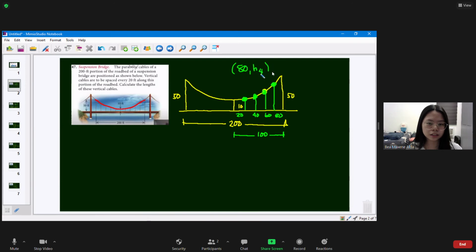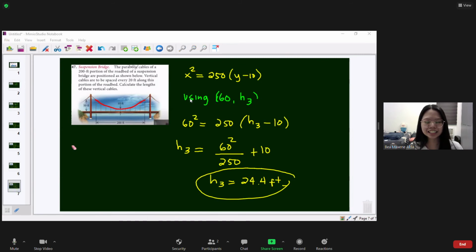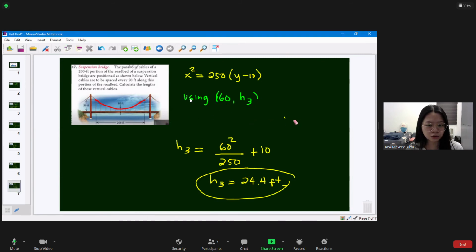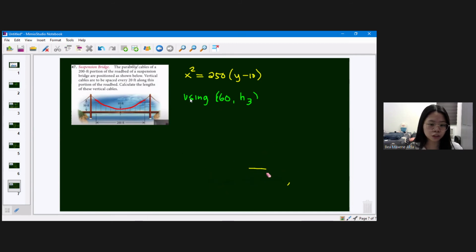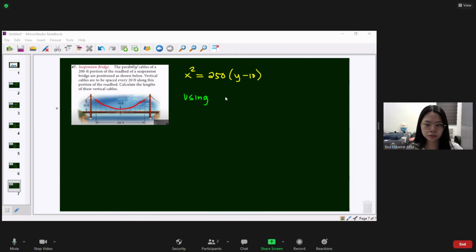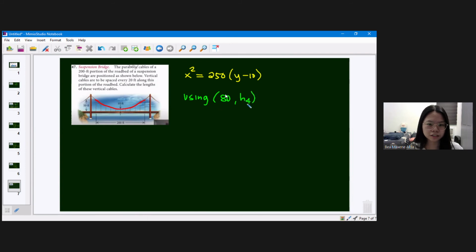Okay. 80, height 4. The fourth height. Okay, sorry. So again, we use that coordinates para mahanap yung fourth cable sa kanan ng vertex. That would be 80y, or 80 and the fourth height. Yes.